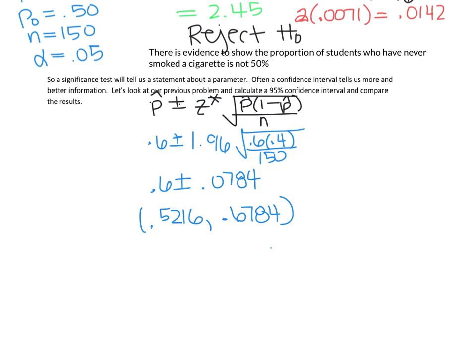And 0.5 does not fall within our confidence interval, which means we reject our null hypothesis. So we can see how the confidence interval can also be used to determine if we're going to reject or fail to reject a hypothesis.